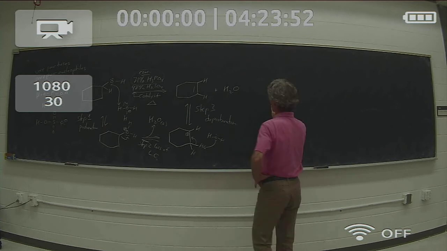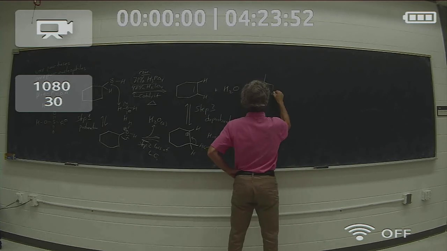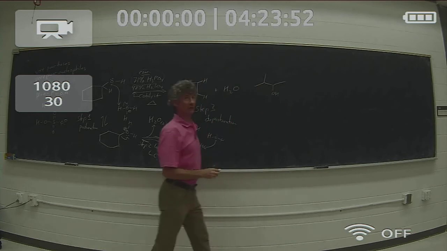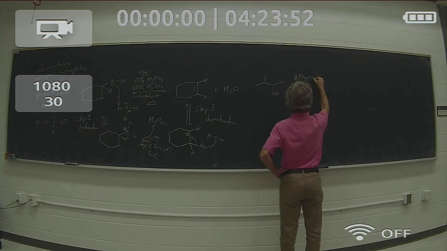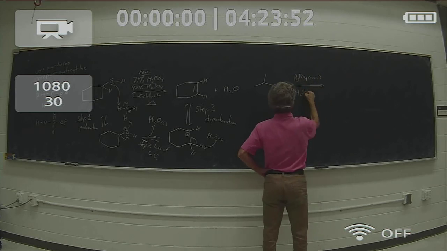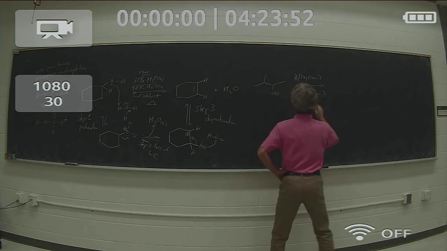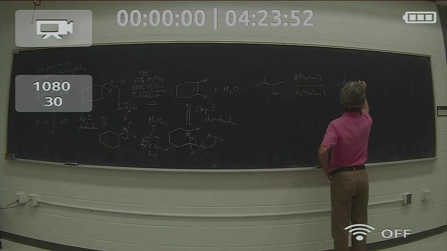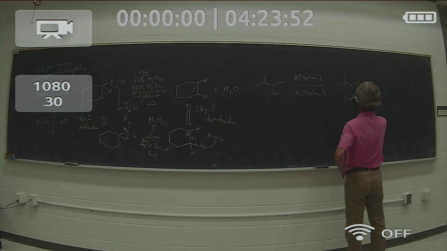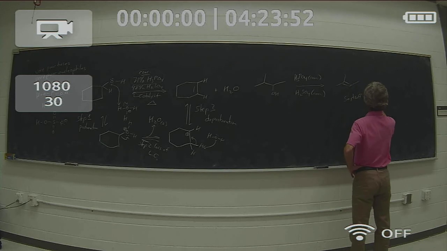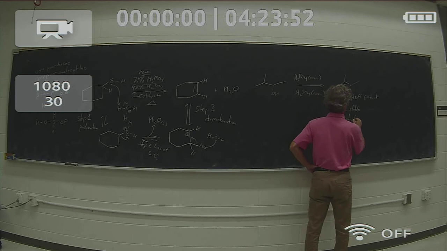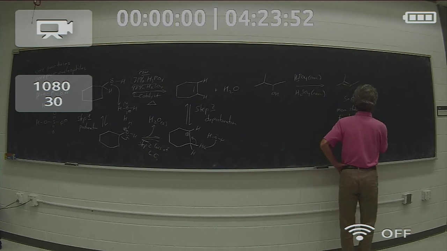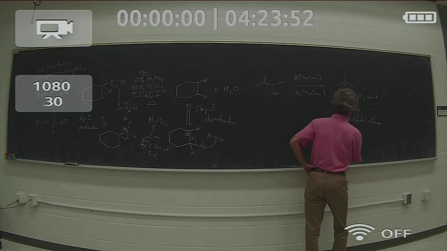If you have an alcohol that could eliminate in 2 different directions, treatment with the concentrated phosphoric acid and concentrated H2SO4 catalyst can result in 2 possible alkenes. The Zaitsev product, being the more stable trisubstituted alkene, will be the major product.